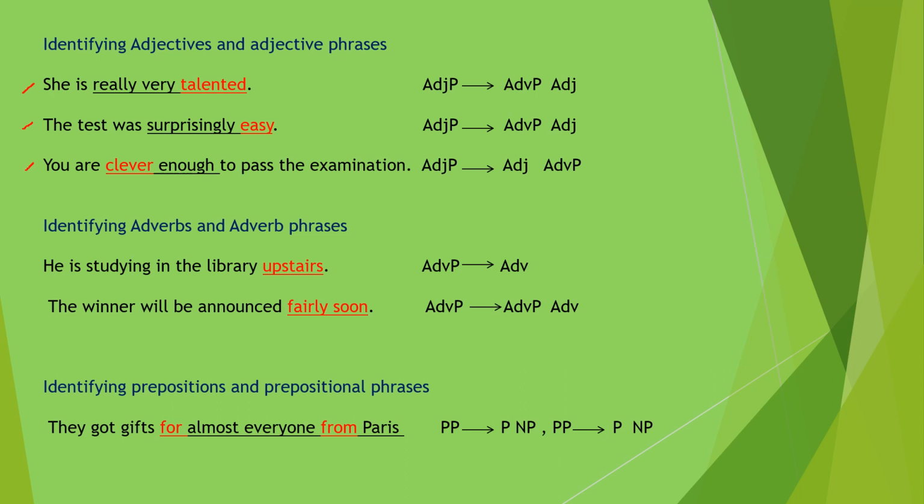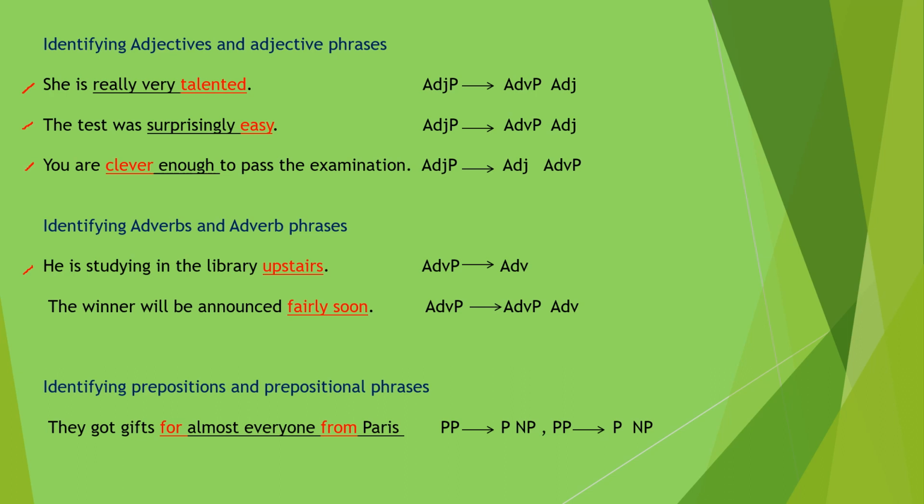Adverbs generally answer the questions when, where, why and how. In the first sentence we can see this: he is studying in the library upstairs. You can ask the question where and get the answer "upstairs."